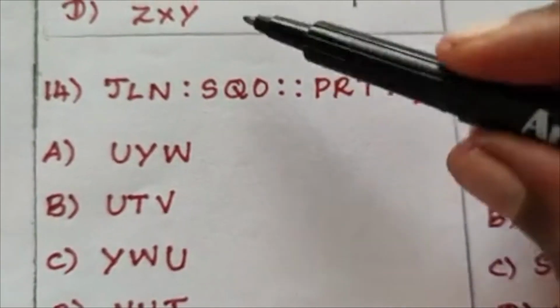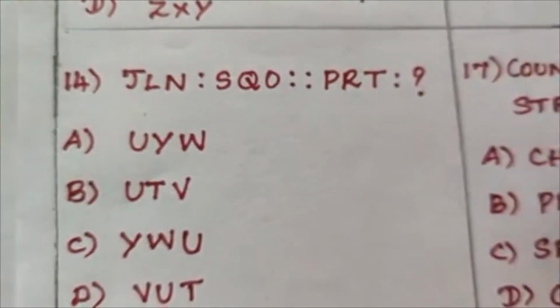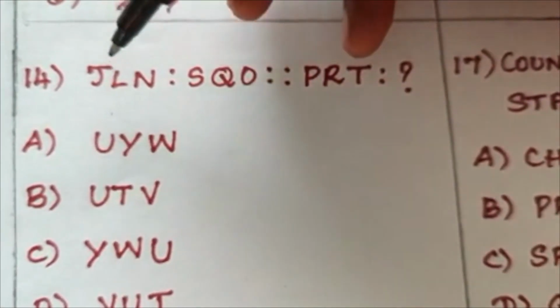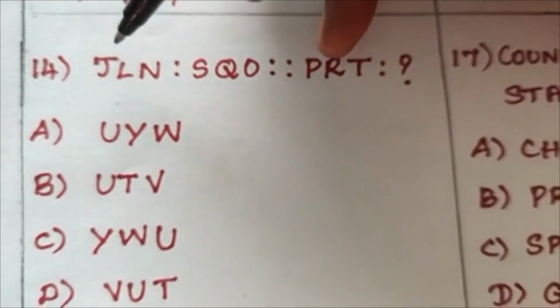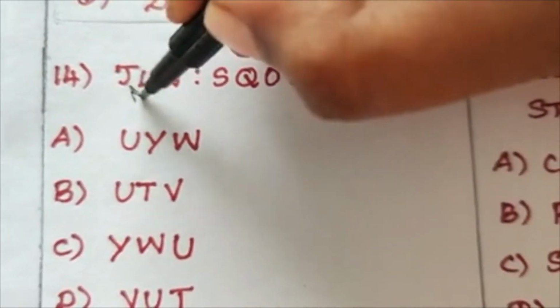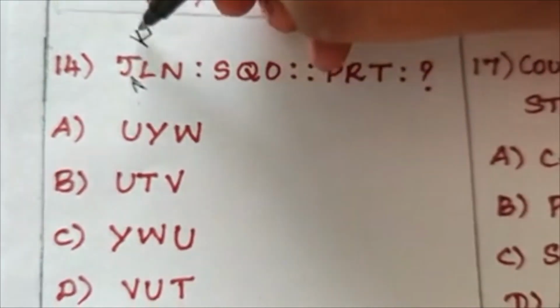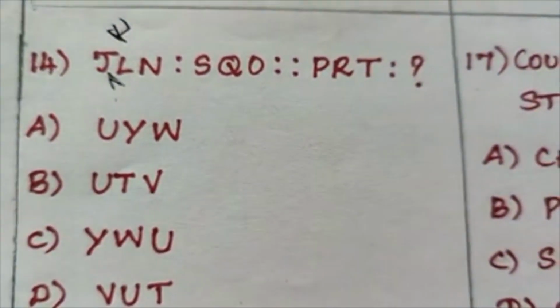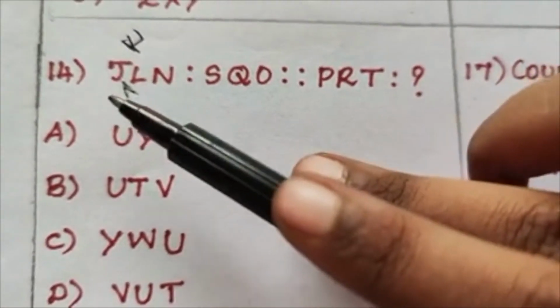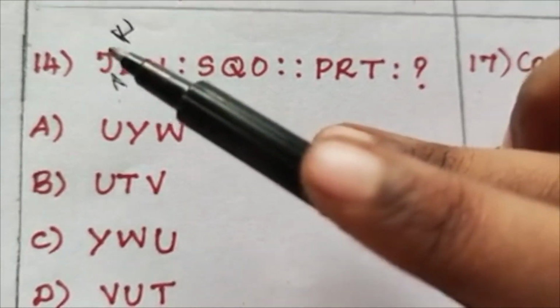In the first term, one letter is missing between two consecutive letters in alphabetical order, right? Here, between J and L, K is missing: J, K, L. So there is one letter missing between two consecutive letters J and L.